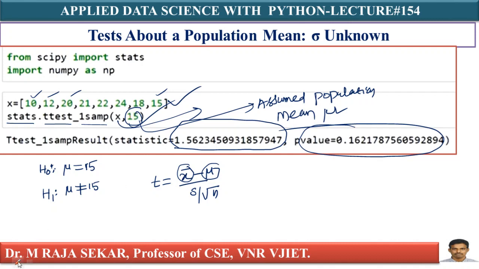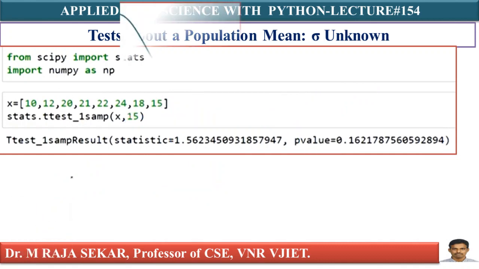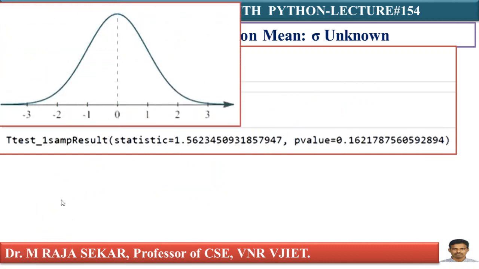Since it is mu not equal to 15, it is a two-tailed test. If it is a two-tailed test, what happens? Let me say this is minus 1.56 and this is plus 1.56. This is my rejection region. These are my t values, isn't it? What is the area here?